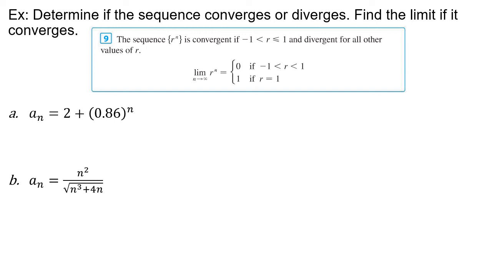Okay, this says determine if the sequence converges or diverges, just like what we did on the last couple, and find the limit.